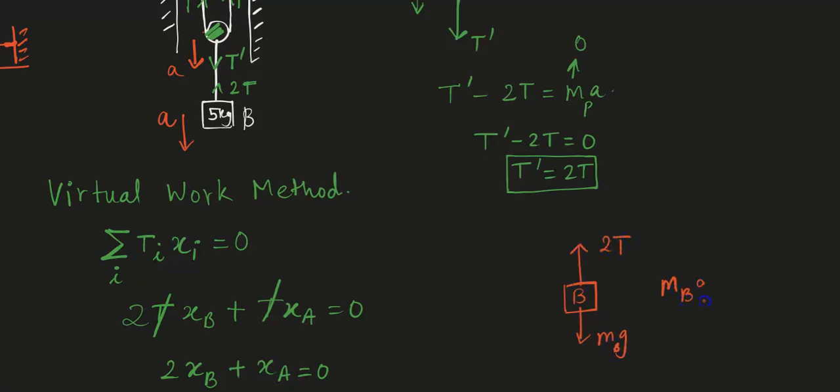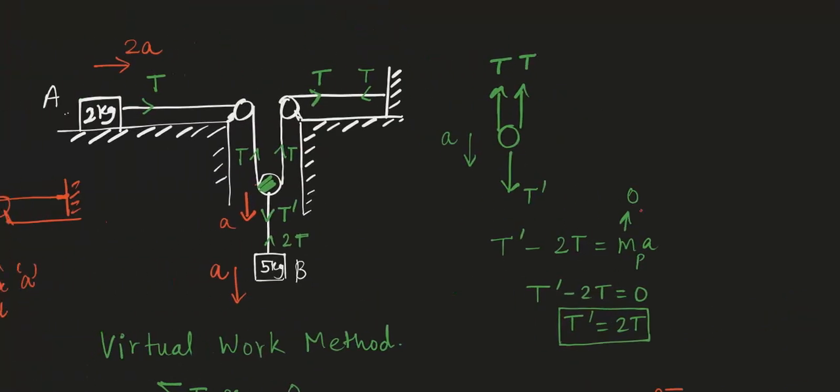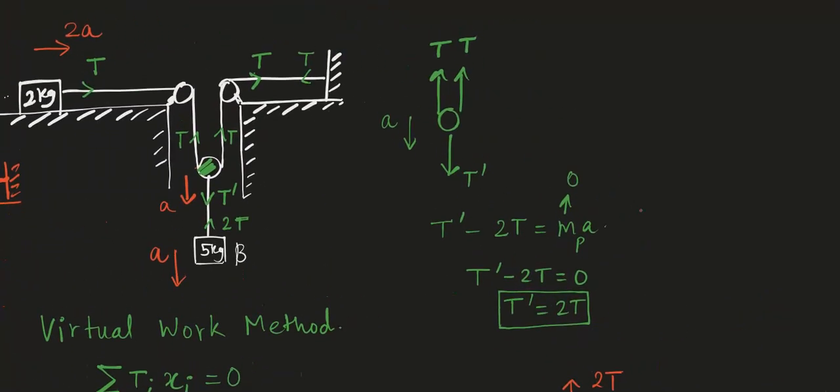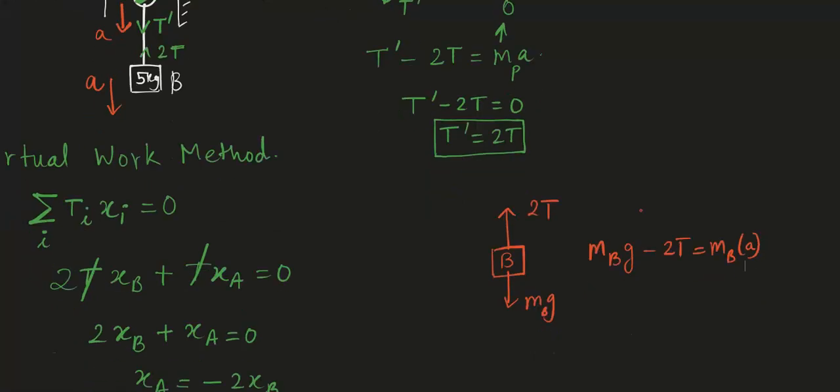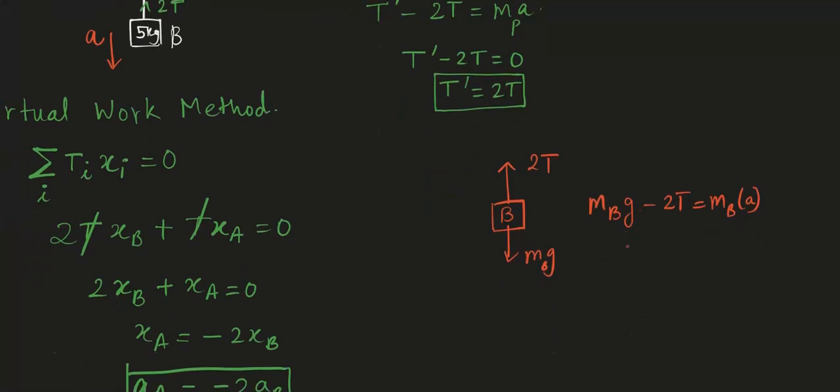So mbg minus 2T is equal to mb times A. And for the 2 kg block, that is block A, we have T is equal to ma times 2A because the acceleration is twice that of B.